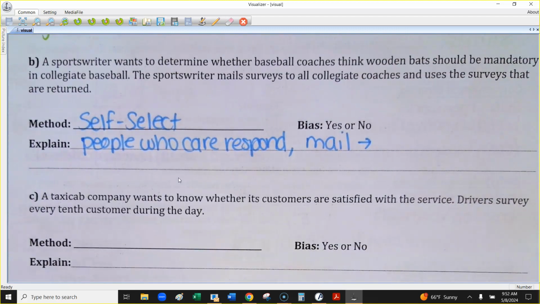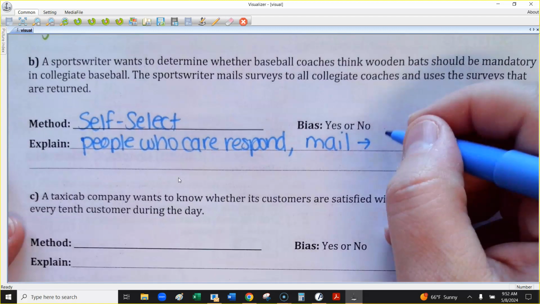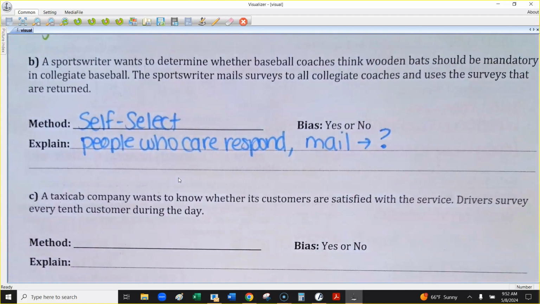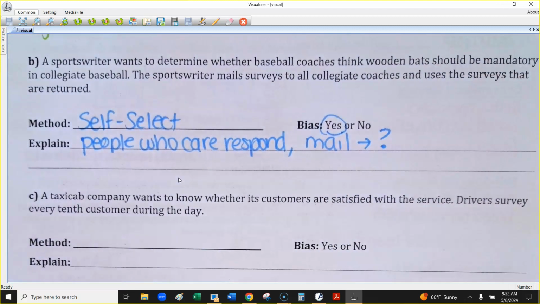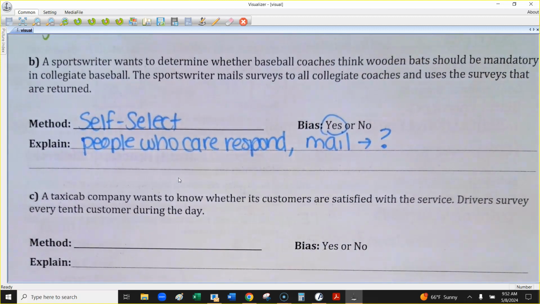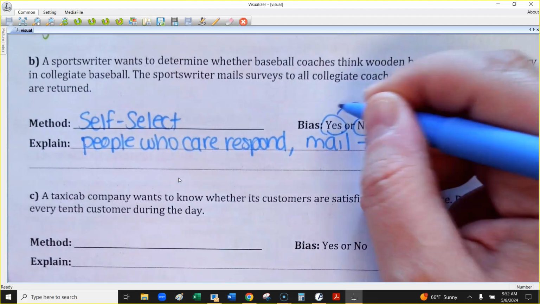You know what I mean? So maybe email would be a better way to do this, because you're not having to put a stamp on and send it to the post office. I would question whether that might be biased. Maybe the person's not home to receive it in time. Something like that would be a reason this could be biased. I would say this is not terrible, but I could argue both ways on this one.